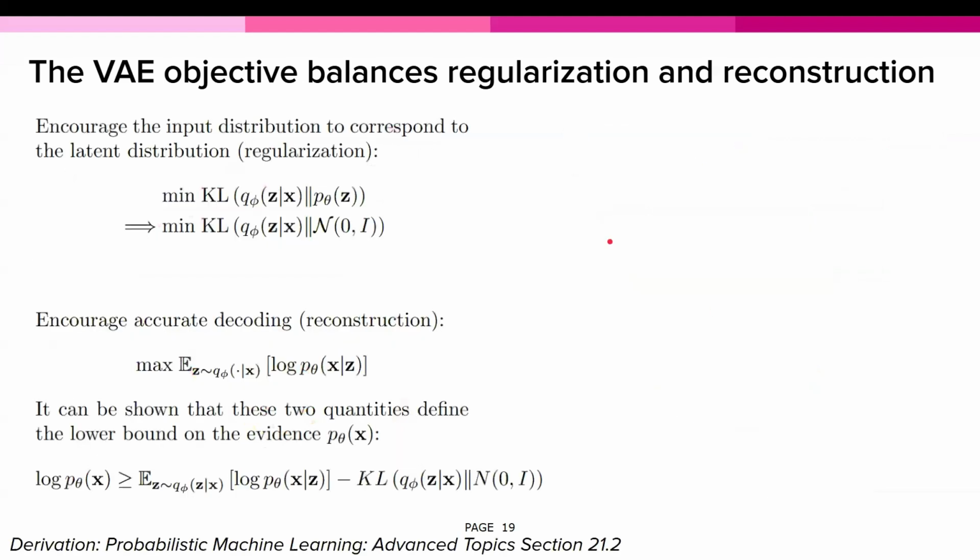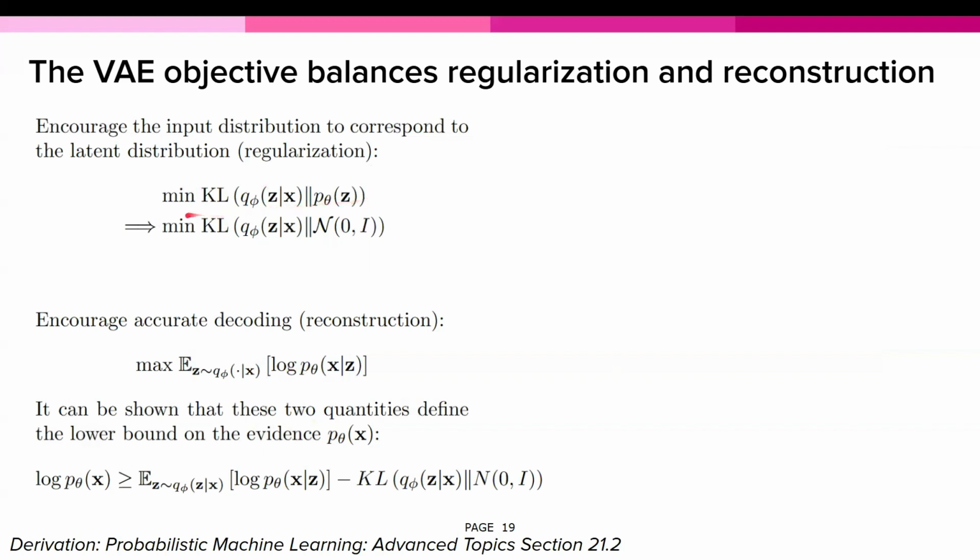And so what we need is a way to walk that fine line between matching the prior and preserving semantic similarity in the latent space. The VAE objective is going to strike a balance between regularization and reconstruction. By regularization, we mean that we want to ensure that the posterior distribution over the latent variable, given an input, matches the prior distribution.